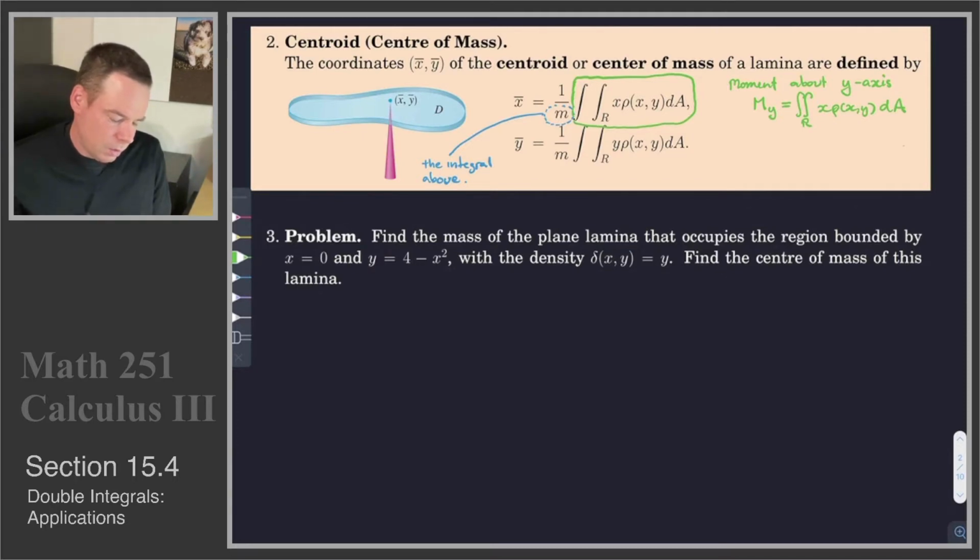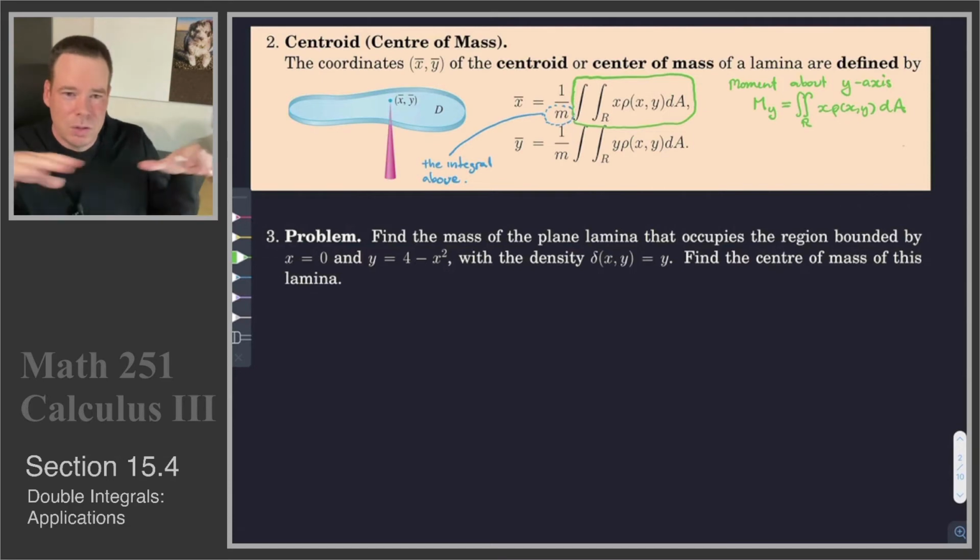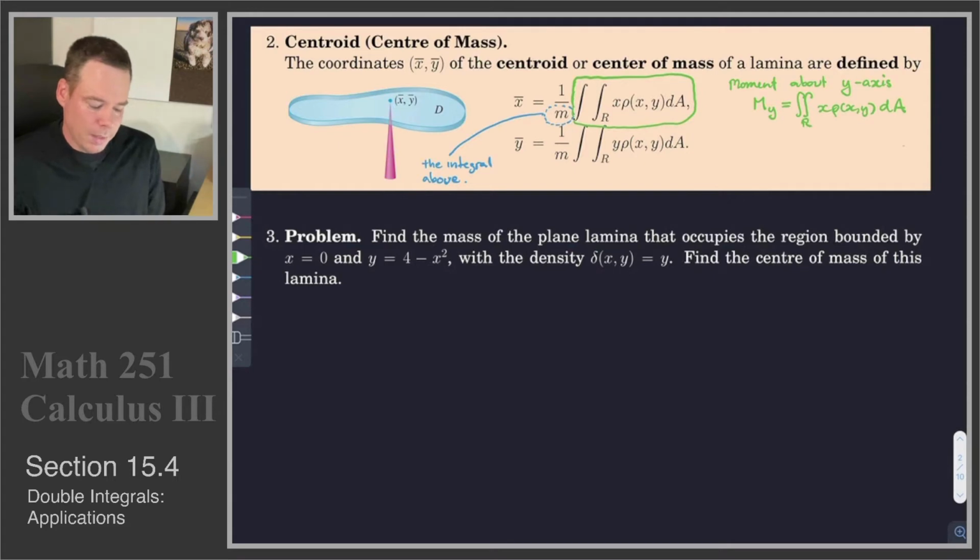What that is really doing is saying, okay, I've got this lamina, this plate, and its density varies across the plate. What I'm interested in is how the mass is distributed in relation to the y-axis. So we take each little mass element, that's the rho xy dA, and work out how far it is away from the y-axis. That's the x value. We take the product, and that's the tendency that little mass element has to rotate about the y-axis.